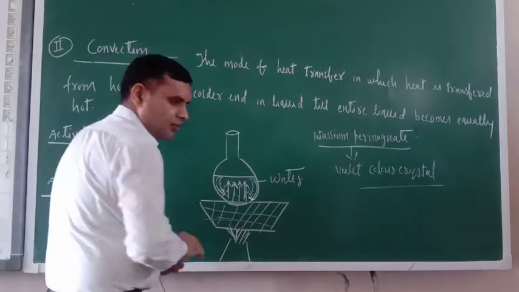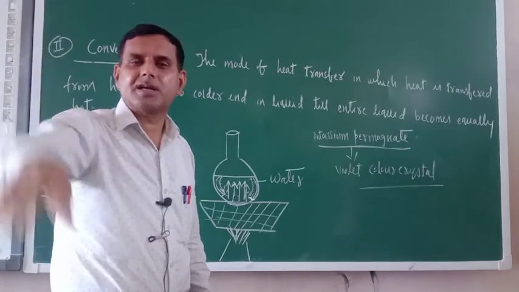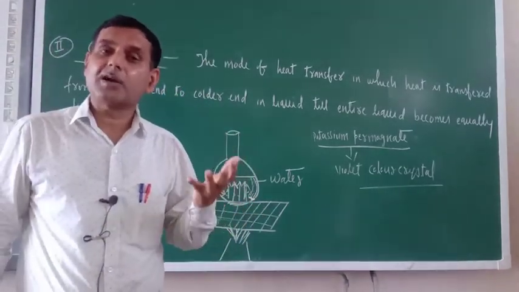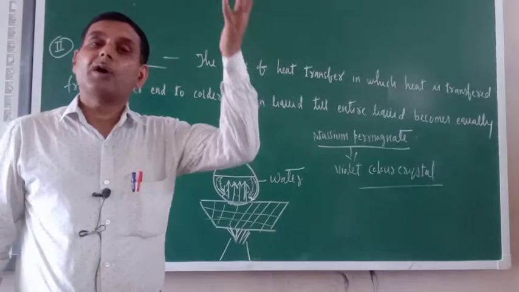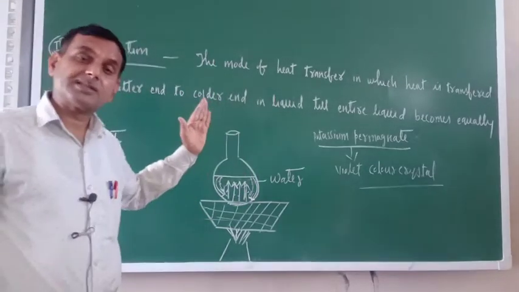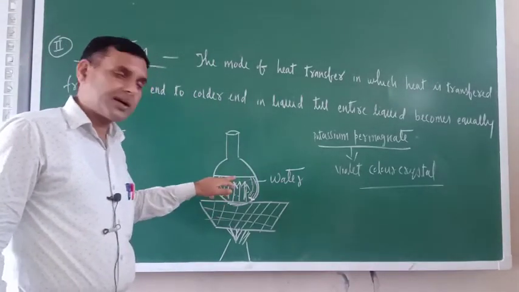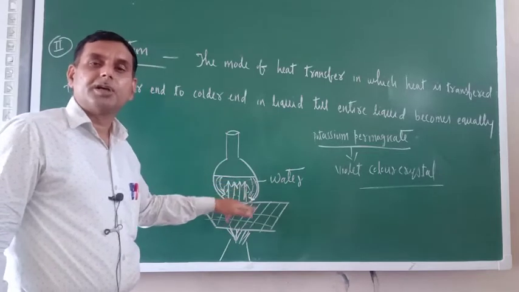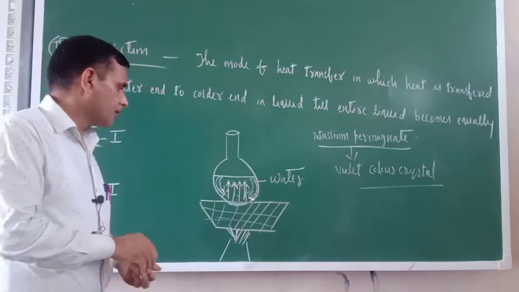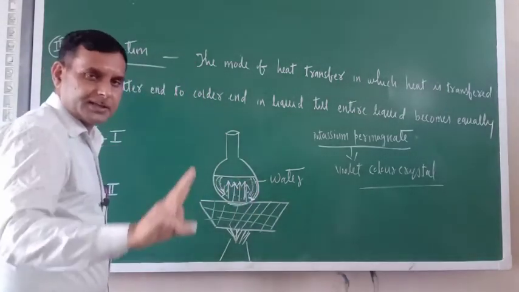So just see, one current is generated. Current means a stream is generated. From the bottom of the round bottom flask, water will rise up, and from the sides of the flask, water will come from top to bottom. So now a two-way current is generated.